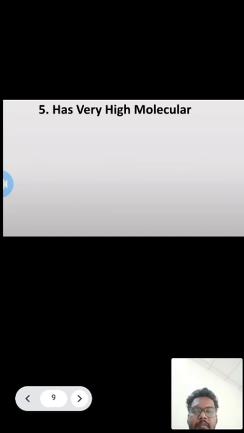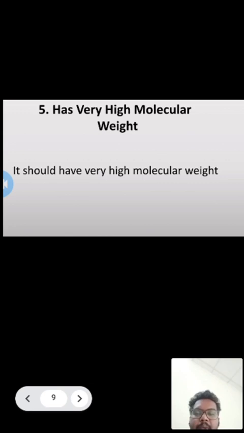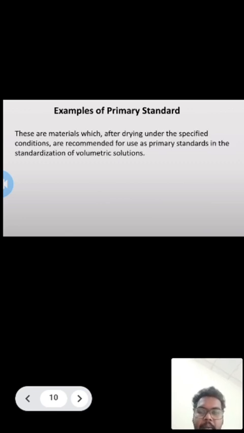Next property is high molecular weight, which minimizes weighing errors. Examples of primary standards are materials which, after drying under the specified conditions, are recommended for use as primary standards in the standardization of volumetric solutions.